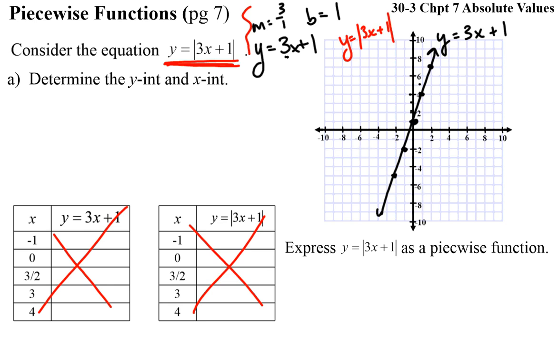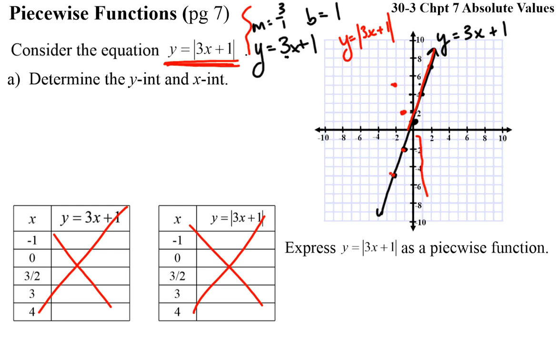So at this point, what do I need in order to get the absolute graph? Well, I know that my absolute graph means that all of these points where y is negative have to become y positive. So this negative 2 y value is going to become a positive 2. This negative 5 y value is going to reflect and be positive 5. So my new graph, I'm happy with that part of the graph.